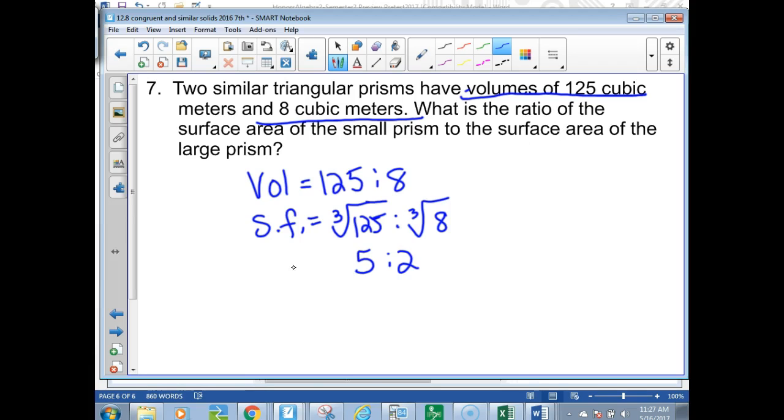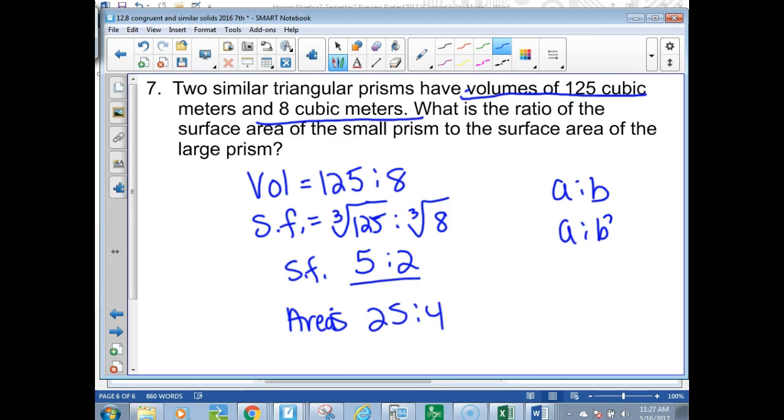Now, if you know the scale factor is 5 to 2, what is the ratio of the areas? 25 to 4. Yep. Depends on what you have. So you just have to be able to go forwards and backwards from these. If you have volume given, that's volume, that's area, that's the scale factor.